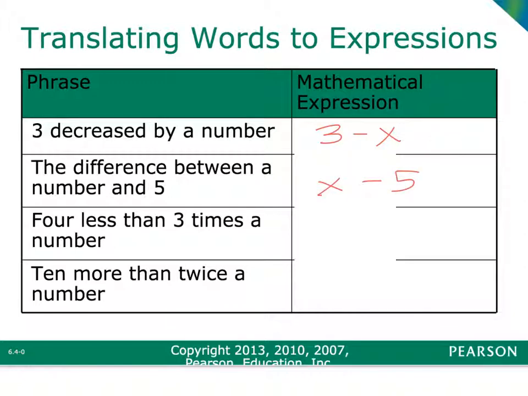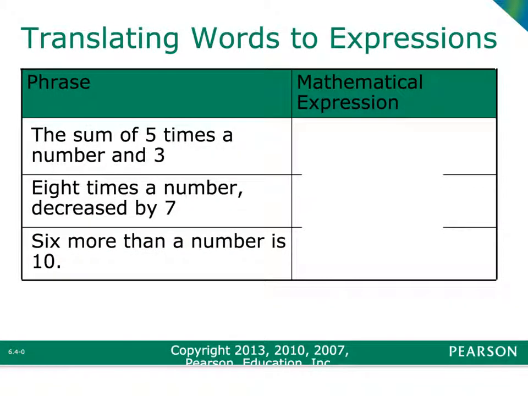And you will go in the order that they're listed, so that would be x minus 5. 4 less than, and remember less than goes second. 4 less than 3 times a number, so 3x minus 4. 10 more than, again that goes at the end, here plus 10, twice a number, so 2x plus 10.